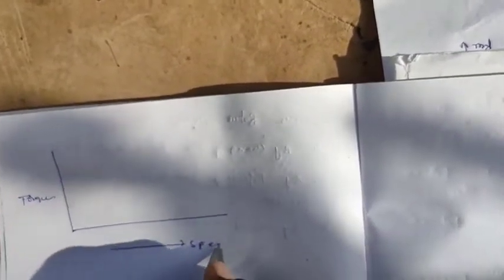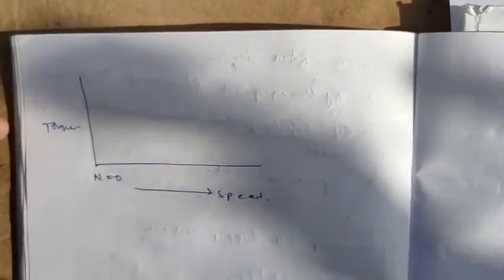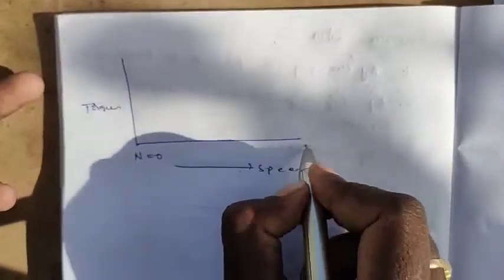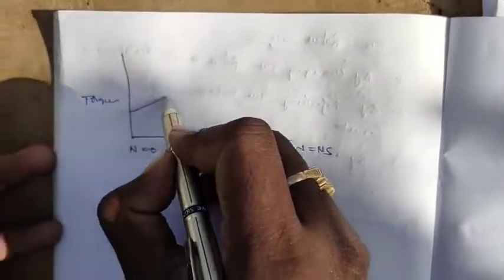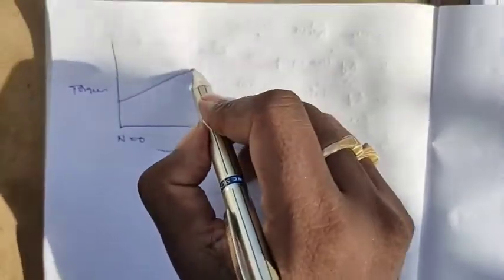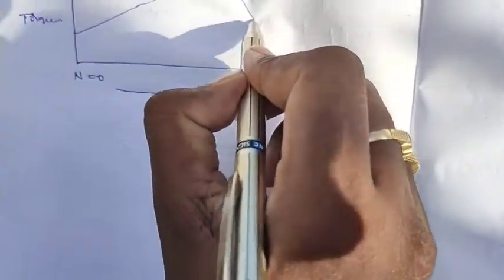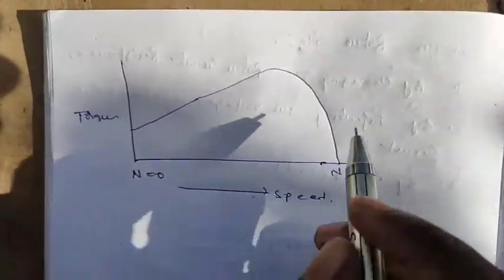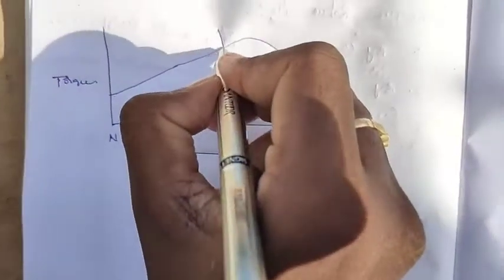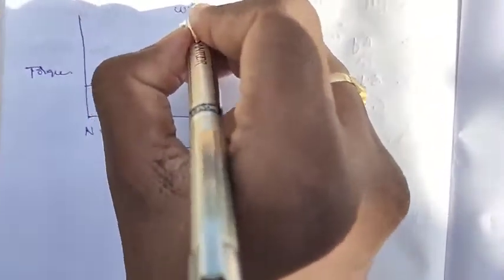I am taking torque on the y-axis and speed on the x-axis, from actual speed N equal to 0 to N equal to Ns. So this is the characteristic with normal voltage.